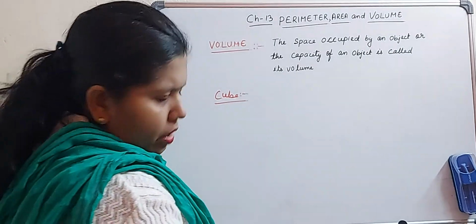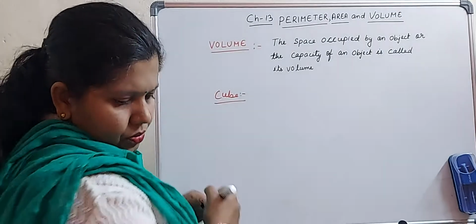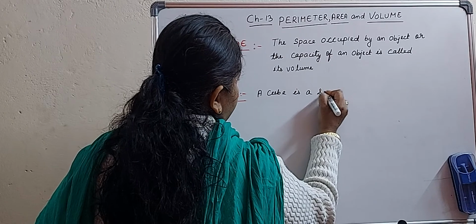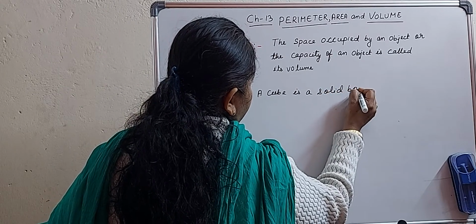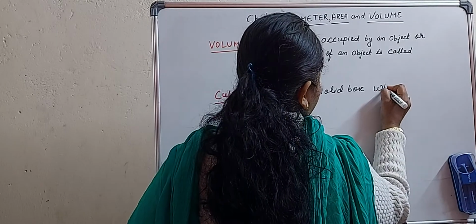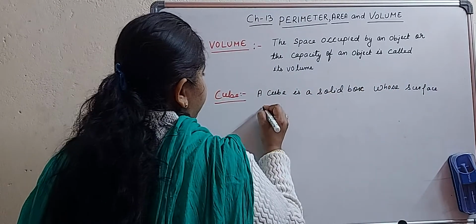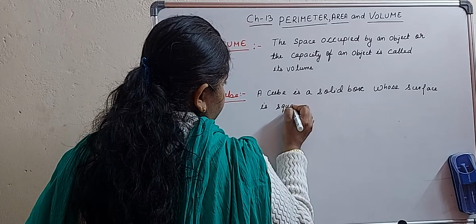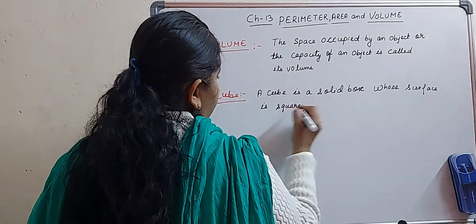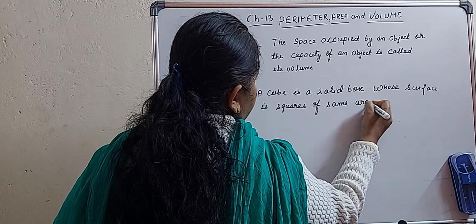So a cube is a solid box whose surface is squares of same area.